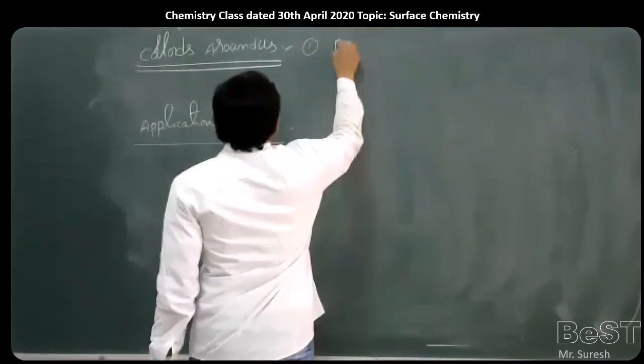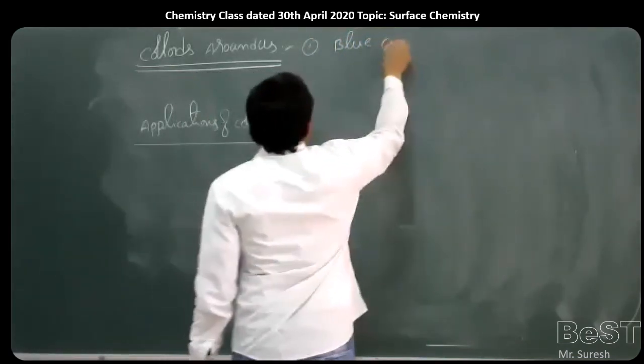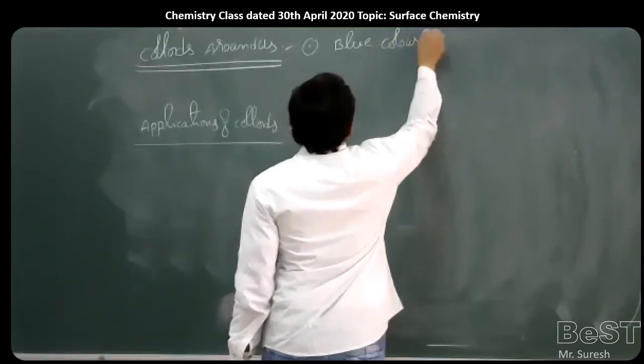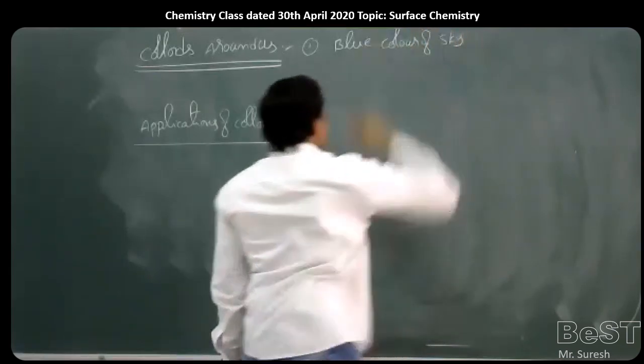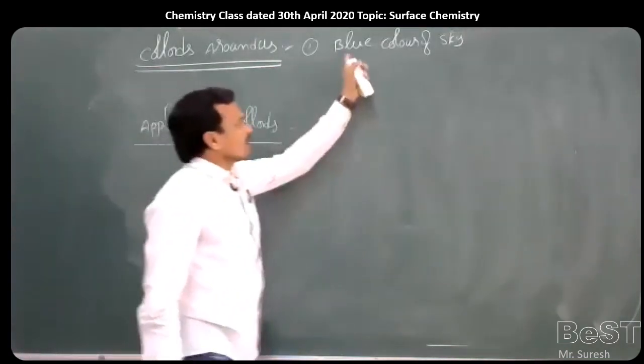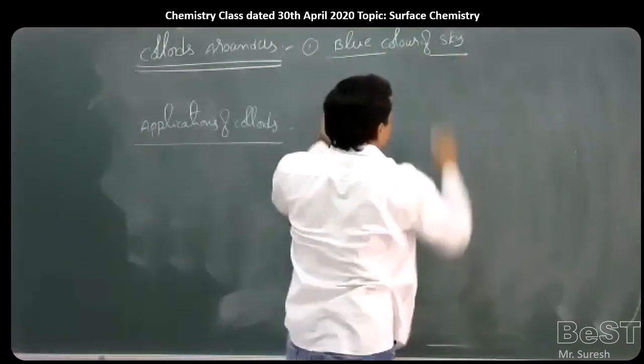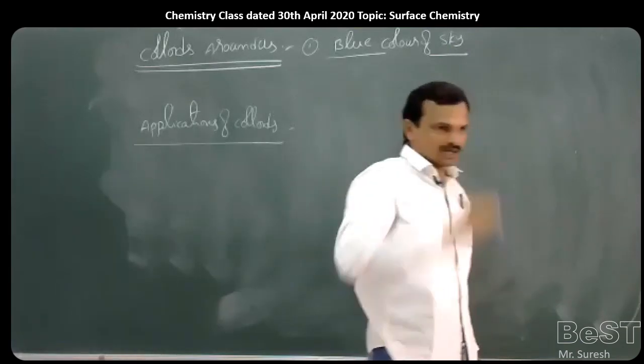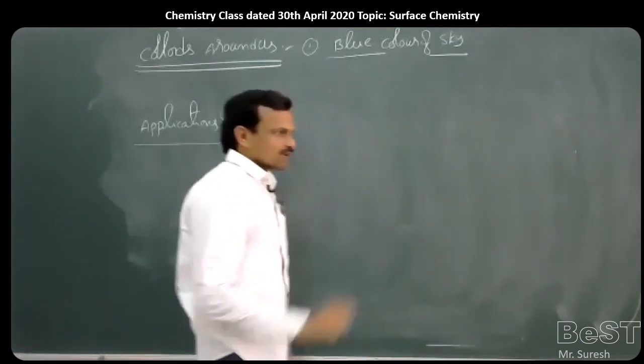First one is the blue color of the sky. Why does the sky appear as blue? See, Earth's atmosphere contains dust particles as well as water vapor molecules.